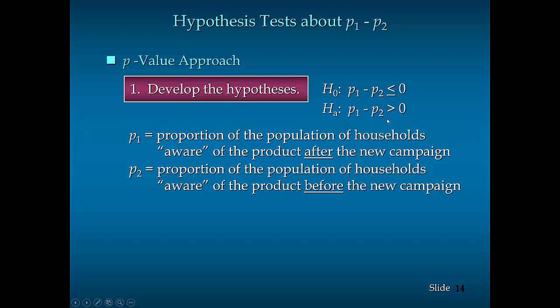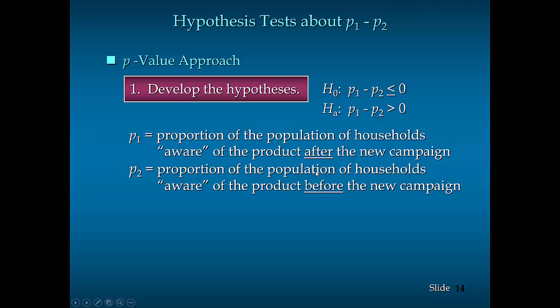That's exactly what I'm looking for. And I put it in the alternative because I have to be able to reject the null to believe in the alternative. And then the null becomes P1 minus P2 less than or equal to 0. So again, we defined P1 and P2 as we had done before.